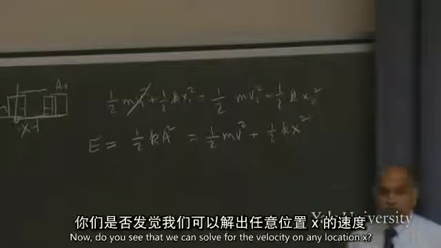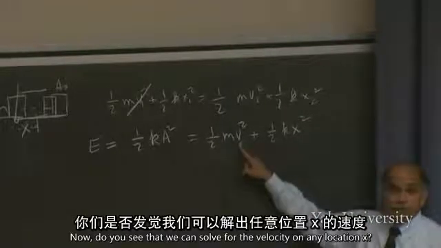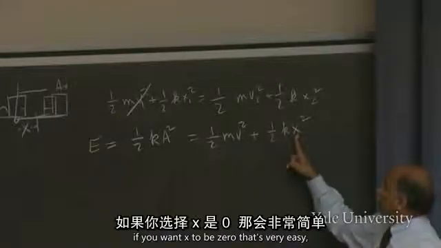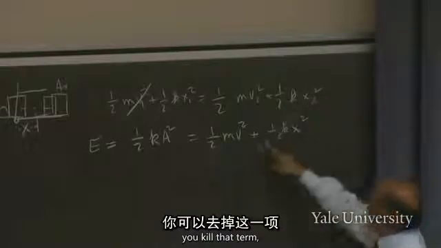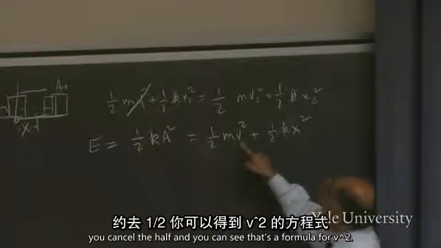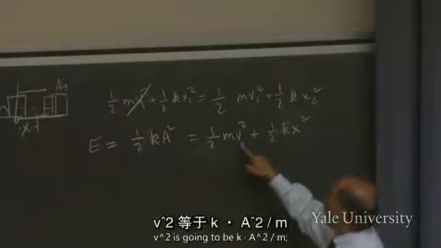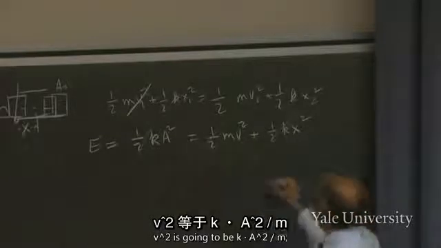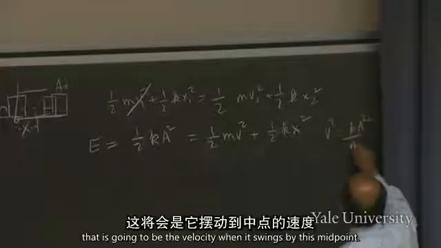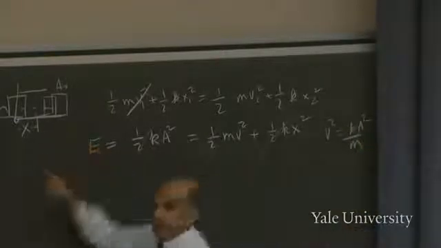Now, do you see that we can solve for the velocity at any location x? You pick the x. If you want x to be 0, that's very easy. You kill that term, you balance these two, you cancel the half, and you can see that's a formula for v squared. V squared is going to be kA squared over m. That is going to be the velocity when it swings by this midpoint.